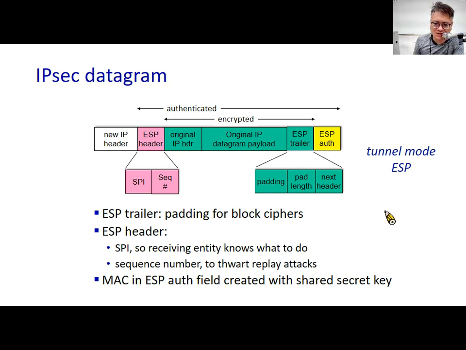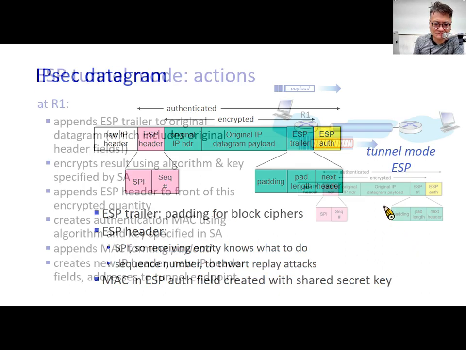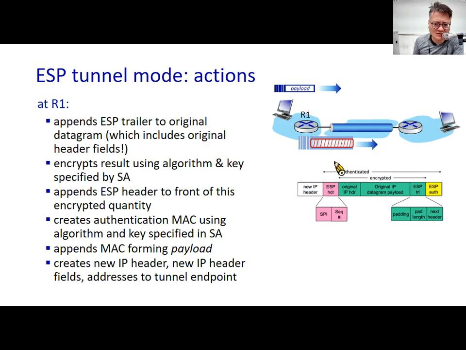So overall, this is tunnel mode ESP, with encryption here and then the overhead header. R1 sends the payload, then needs the overhead header. Overall, the SA is the ESP header and the ESP authentication.